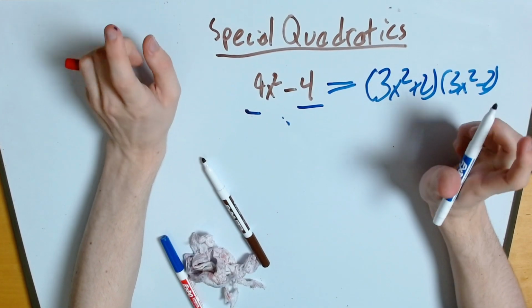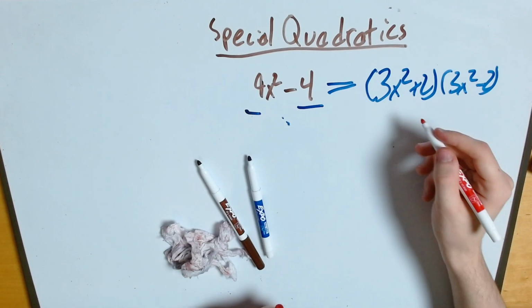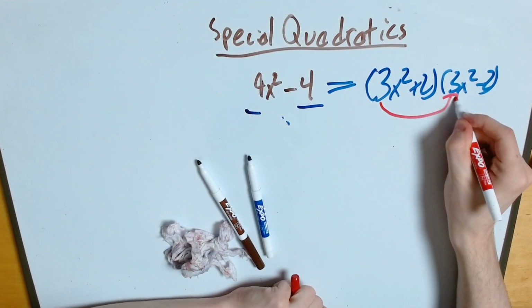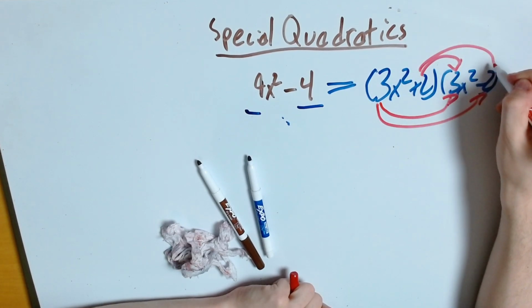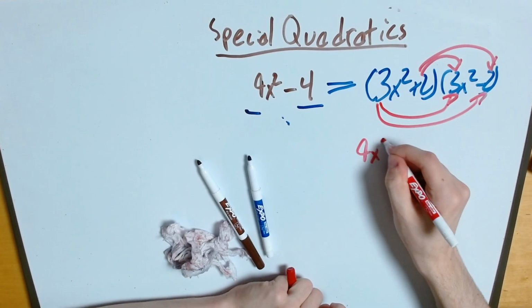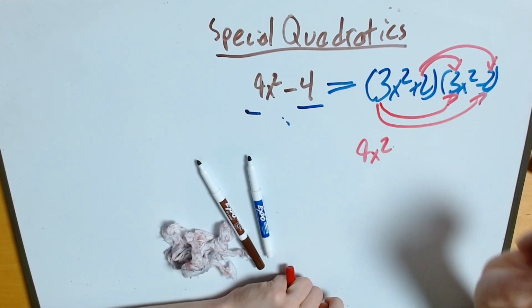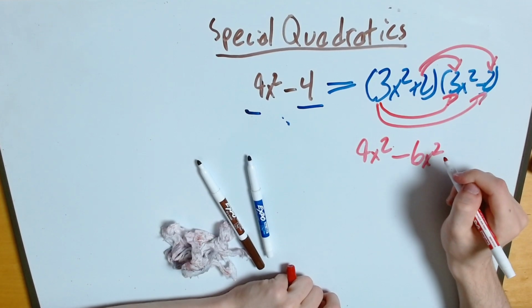I'll show you. Let's say we're going to distribute out this big equation, right? We make sure we multiply each term by every other term. So we're left with 3x times 3x, that's 9x squared. 3x times negative 2, that's negative 6x.